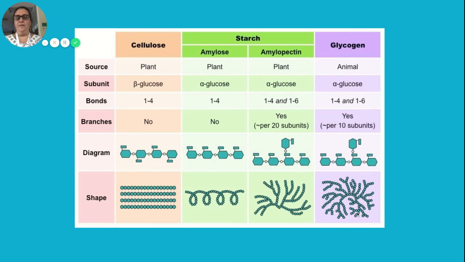So one of the things that you may hear about in your food diet is that when you eat plants that are high in fiber, you're actually eating a lot of plants that have a lot of cellulose in them. We cannot digest cellulose. That's that undigestible material.